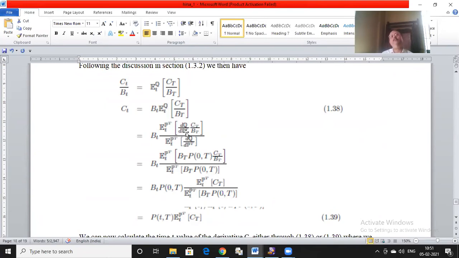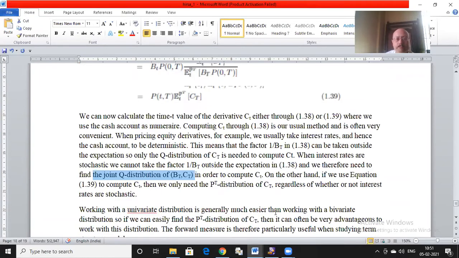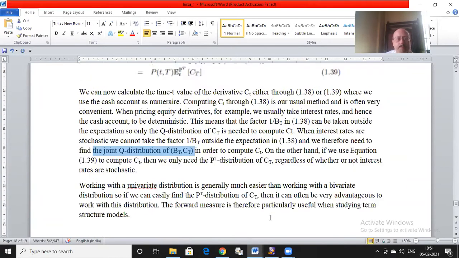The advantage is in computation: I can avoid computing joint distributions and only focus on a univariate distribution. And obviously, working with a univariate distribution is generally much easier than a bivariate distribution.